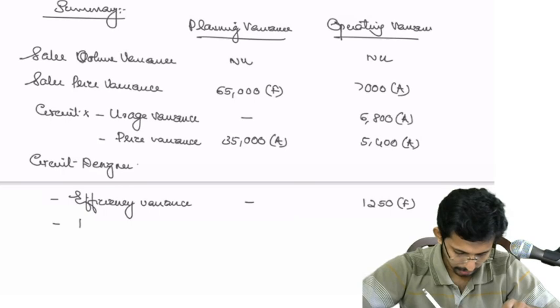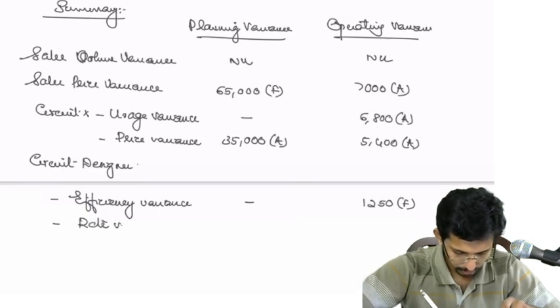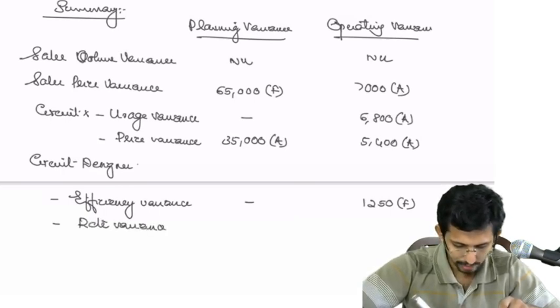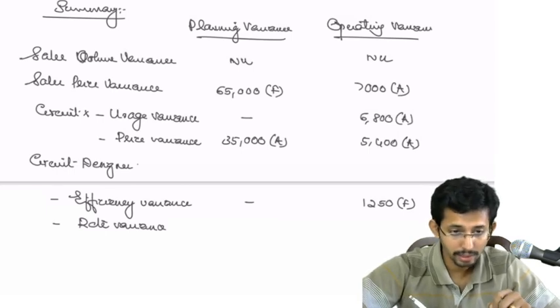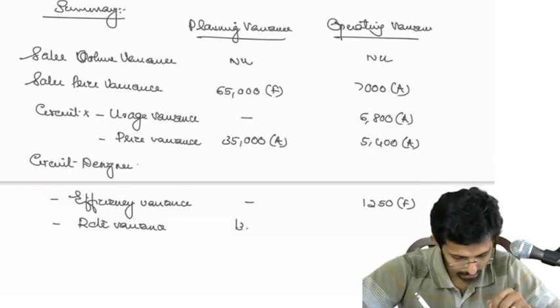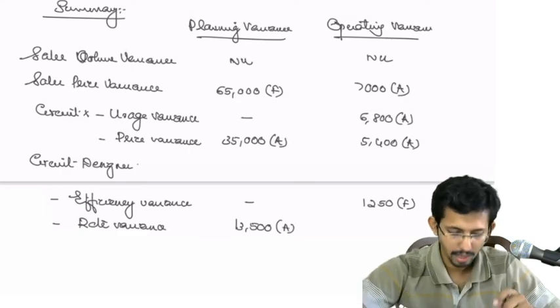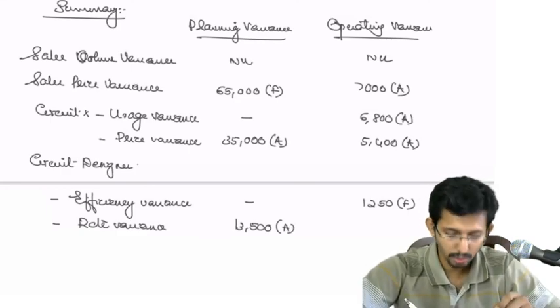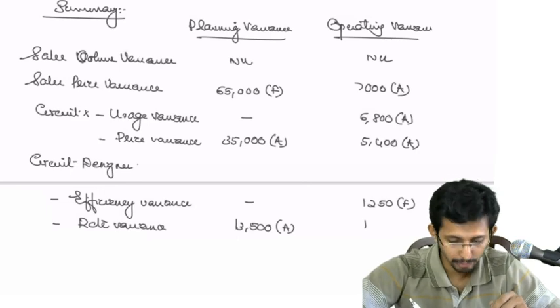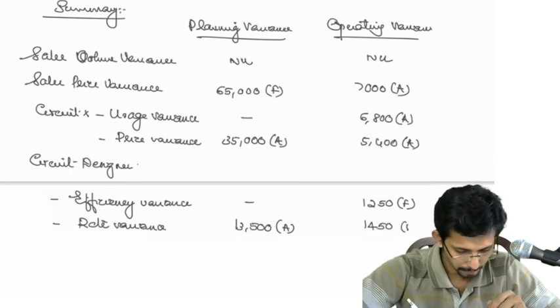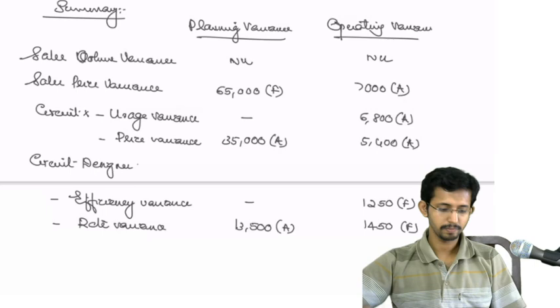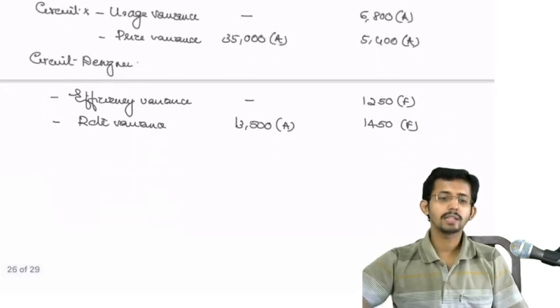Then next is rate variance. Planning is 13,500 adverse and operating is 1,450 favorable. Okay, so what is the conclusion?